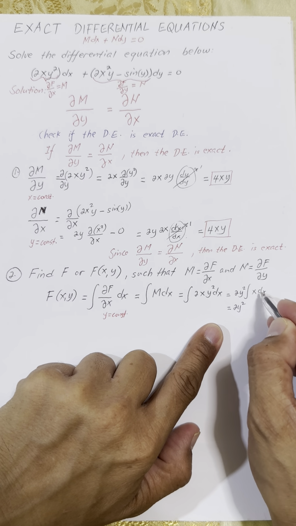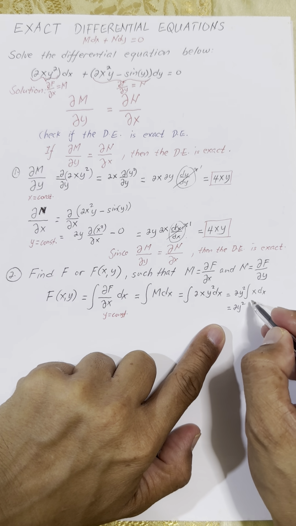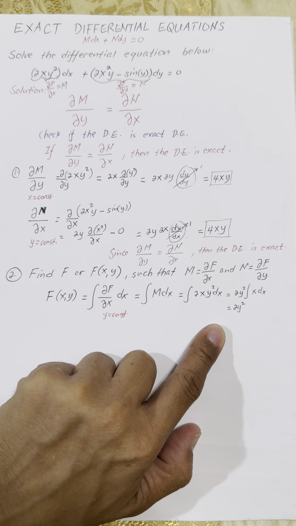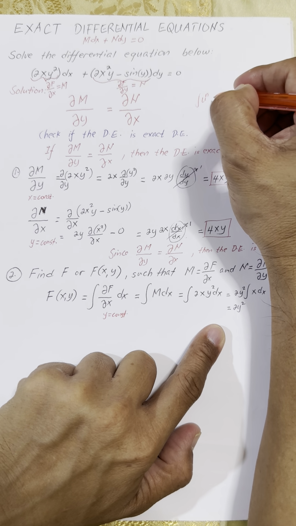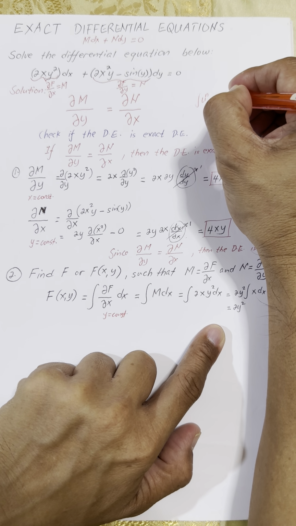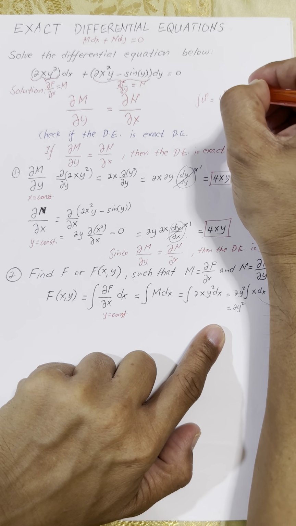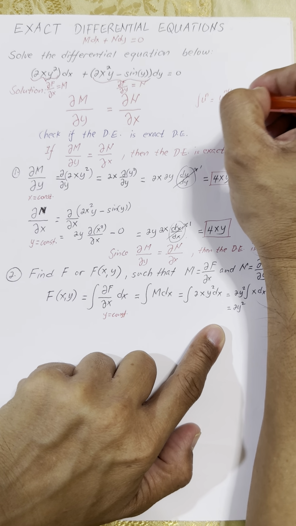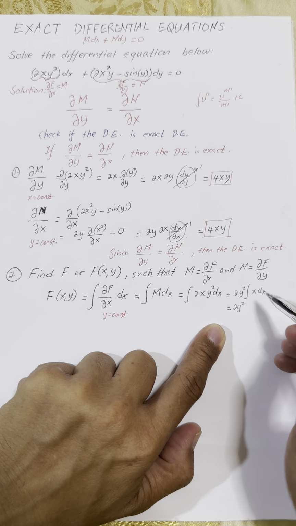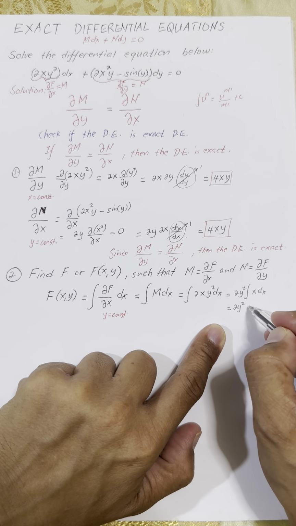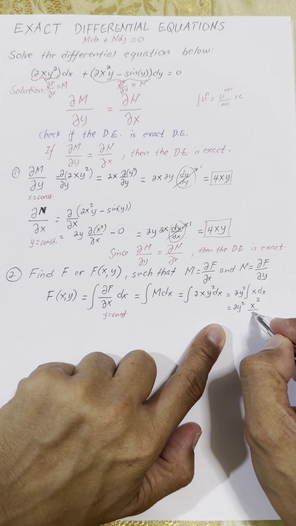So we apply here the power formula. What is the power formula? If you have the integral of u to the n, it is equal to u to the n plus 1 divided by n plus 1, plus c. So we have to make use of that formula. Here n is 1, so this becomes x to the 1 plus 1, which is 2, divided by n plus 1, which is 2.